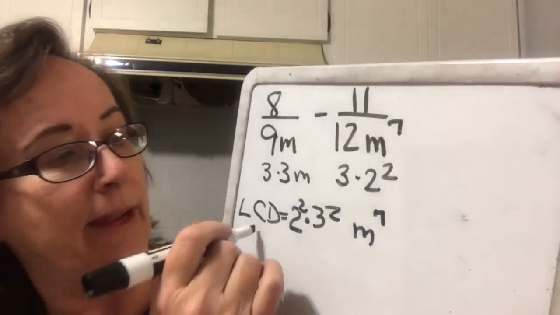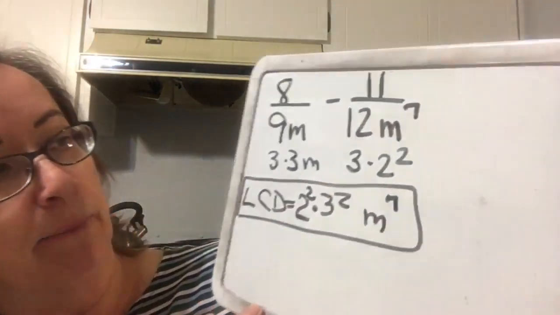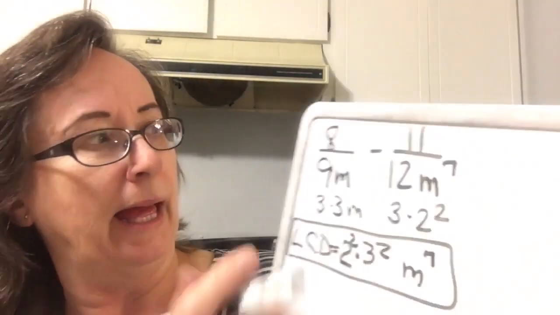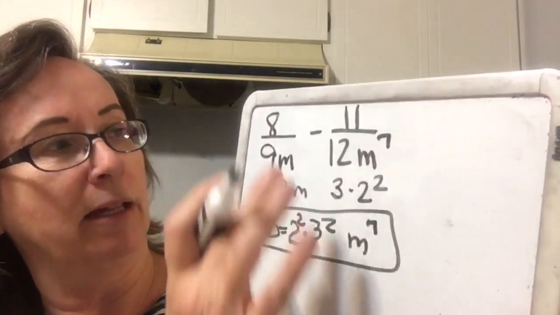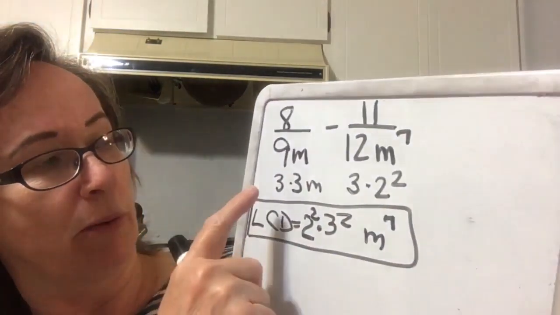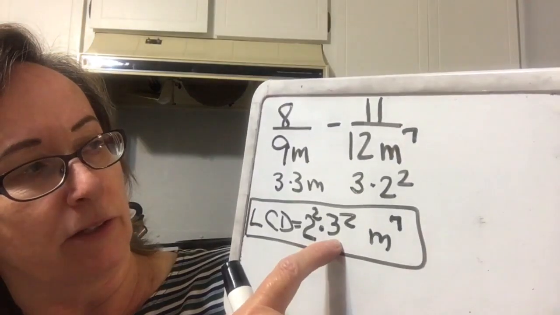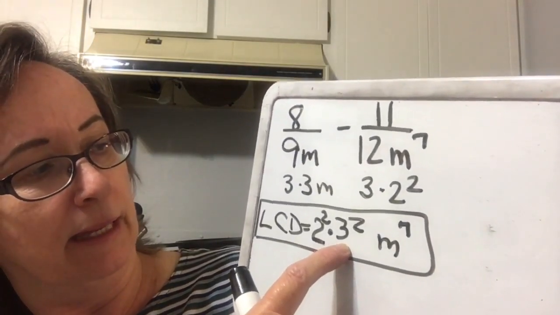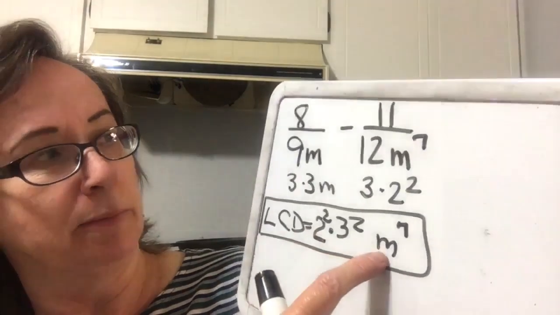And so now that I've figured out my least common denominator, I'm going to have to multiply each one of these by whatever's missing to get them in the right form. So on this one, between these old factors and these new factors, I am missing a 4, and I am missing m to the 6.